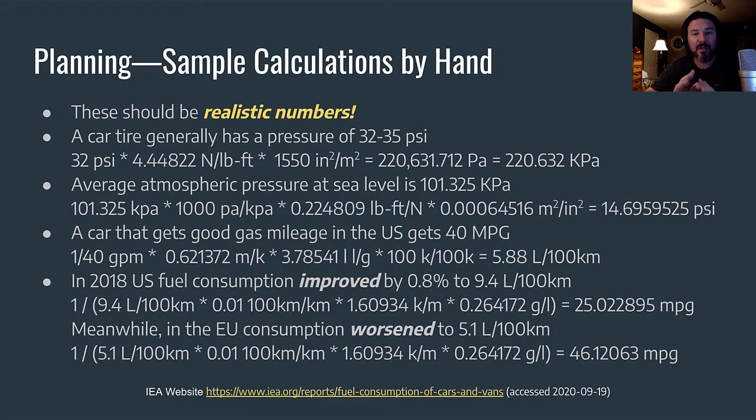Next step is to do some calculations by hand, right? Eventually we're going to write automated tests, and we're going to use these sample calculations as the content for our tests. So it's important that you pick realistic numbers, because one of the ways a computer program can go wrong is when people put unrealistic inputs into it, right?